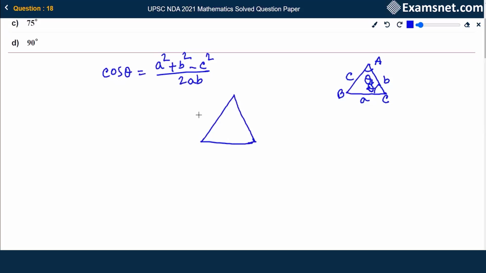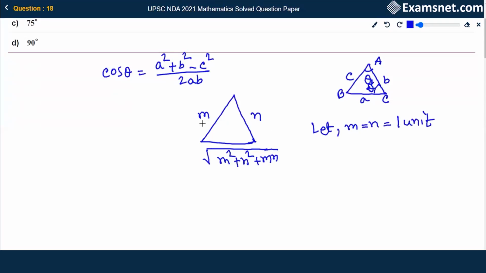Here, one side is m, another side is n, and the third side is root of m square plus n square plus mn. Let us assume that m and n both are 1 unit. That means the third side will become root 3 units.